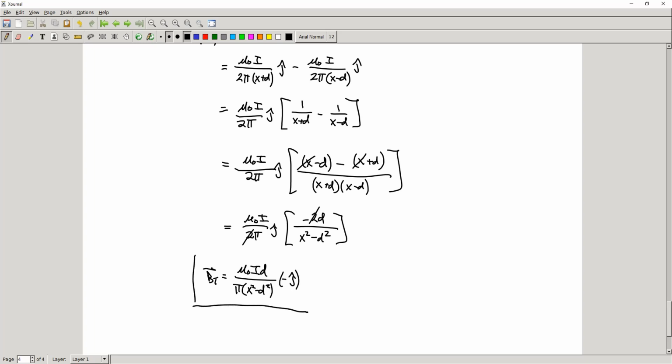Okay, and that is an expression. I guess I can write this like this. So B as a function of x is going to give us that expression for the magnetic field at any point to the right of our second wire.